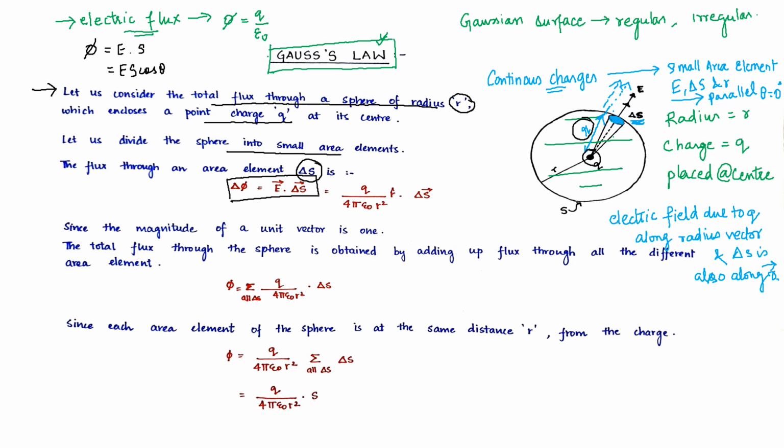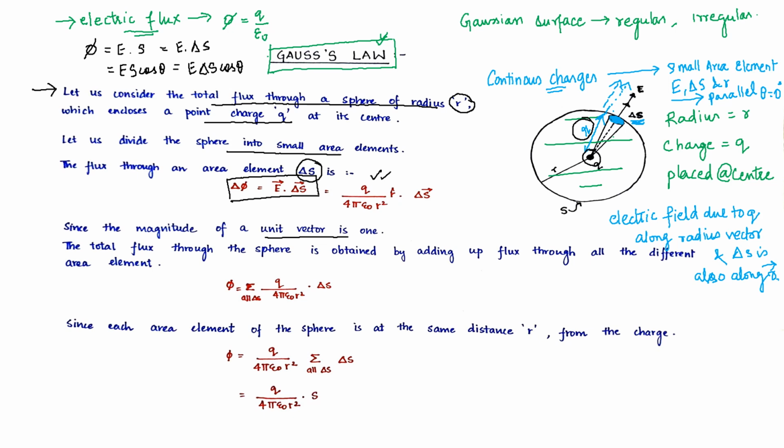If S is a small element, it can be written as E del S cos theta.